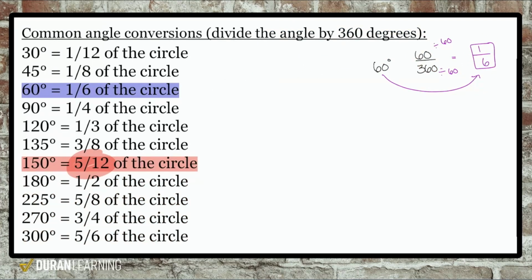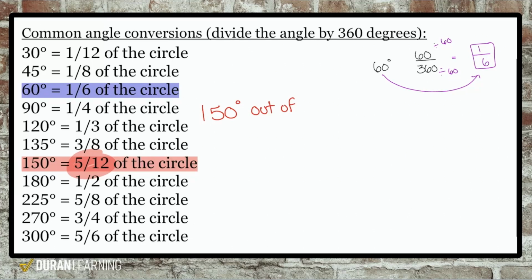And what I'm going to do right now is I'm going to take this 150 degrees and I'm going to show you that, again, even if you completely forget about this list of common conversions, let's say you're nervous in the middle of practice and you're like, oh man, I don't know what to do. I gotcha. Watch. I'm going to take the 150 degrees and I'm going to write it out of the entire circle.